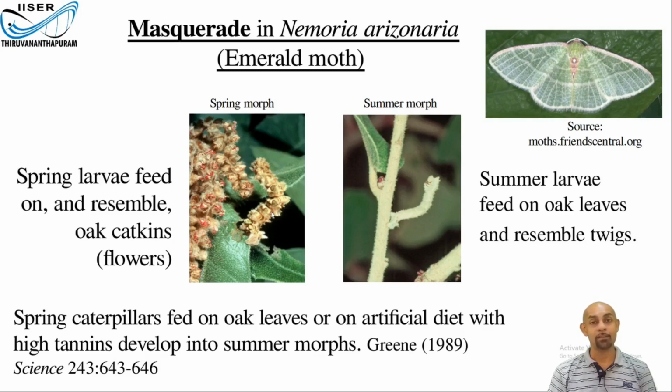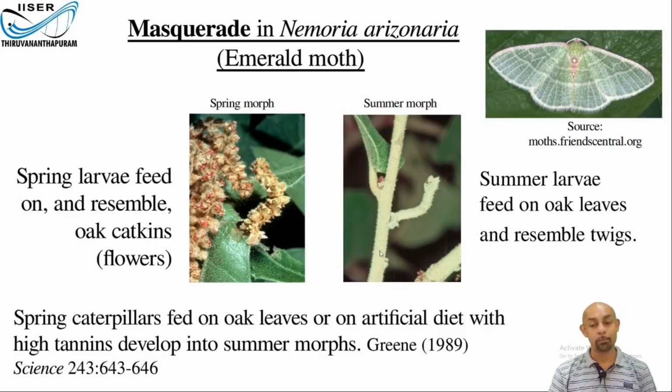By the time the next generation of eggs are growing up, once they hatch and the larvae come out and they're growing, they feed on leaves. So once they feed on leaves, they develop into this morph, and this presumably gives them a survival advantage because they are masquerading as twigs.